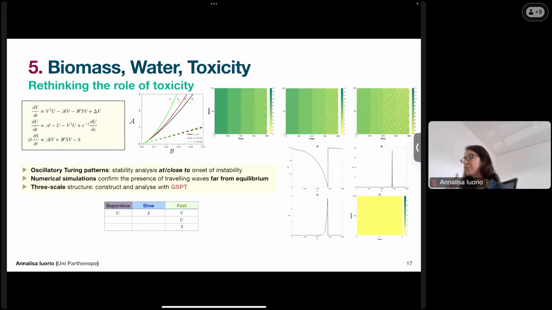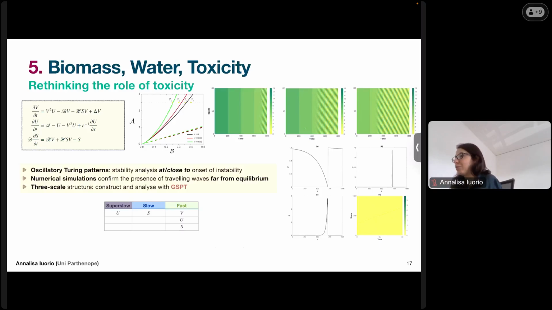And the extra complication here is due to the fact that, differently from the model that I've shown you before, it doesn't suffice to only have two scales. You need three scales. So in this case, besides the slow and fast scale, you also have a super slow scale. That's why I said I will get back to the color coding eventually.